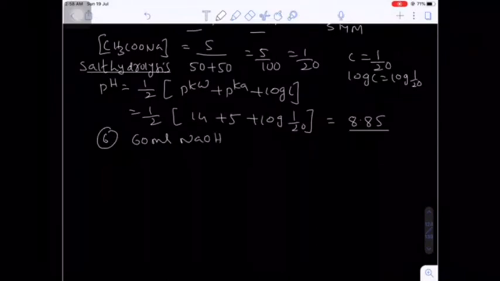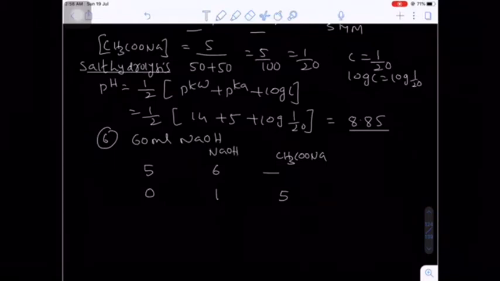60 ml is given to you. Now here, 60 ml of NaOH is added. That means 5 millimoles of acetic acid and now 6 millimoles of NaOH. Now 5 millimoles of acetic acid is completely consumed and 5 millimoles of NaOH consumed, and 1 millimole of NaOH will be left and 5 millimoles of sodium acetate will be present.